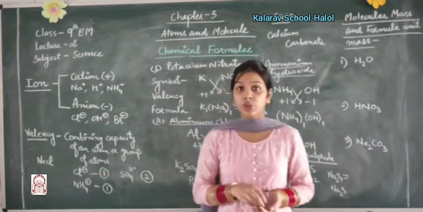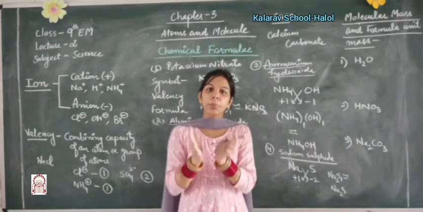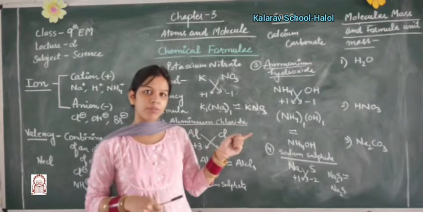And vice versa. So here we first need to know the different symbols of the metal ions. After that you will be able to write this chemical formula.